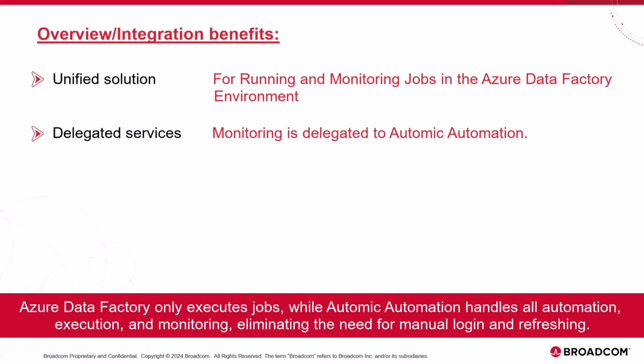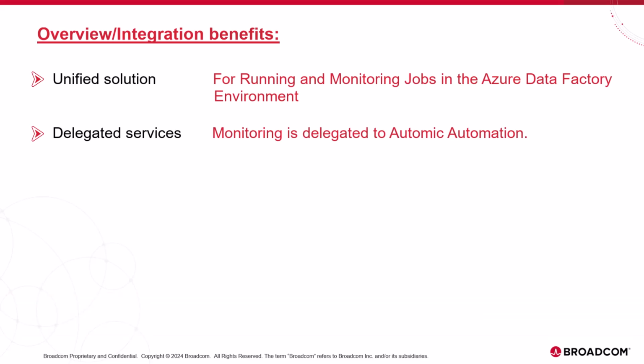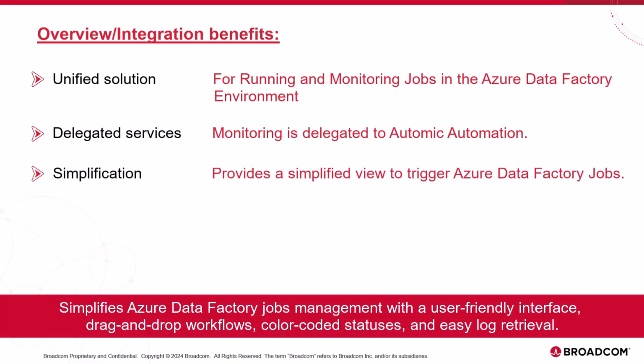This means that we don't have to log into the Azure Data Factory environment and keep on refreshing it by ourselves. Automic Automation manages all the execution and monitoring aspects. The Automic Automation integration provides a simplified view to run pipeline jobs.